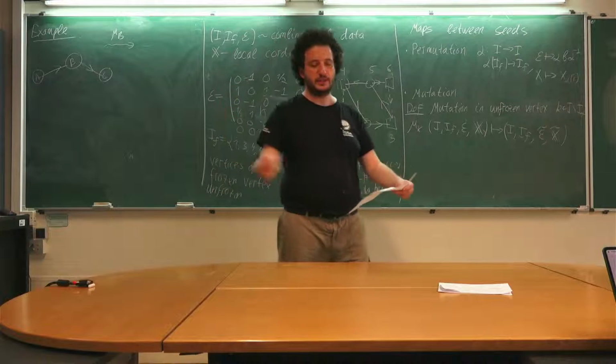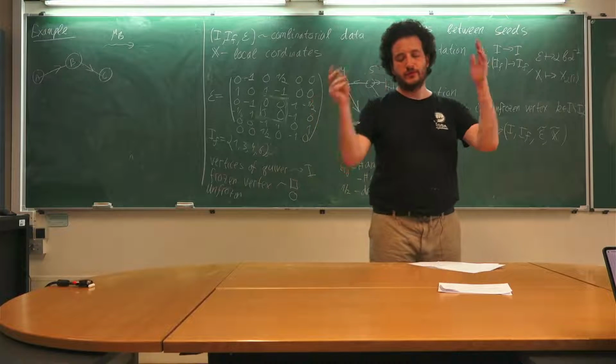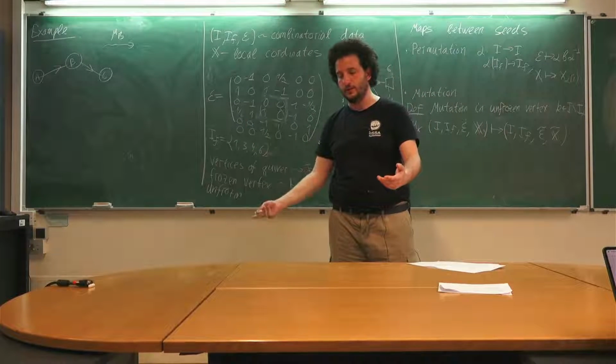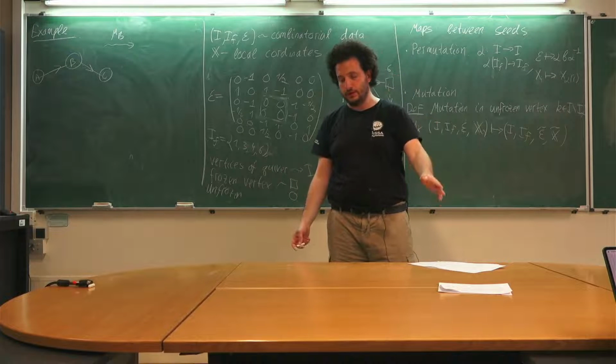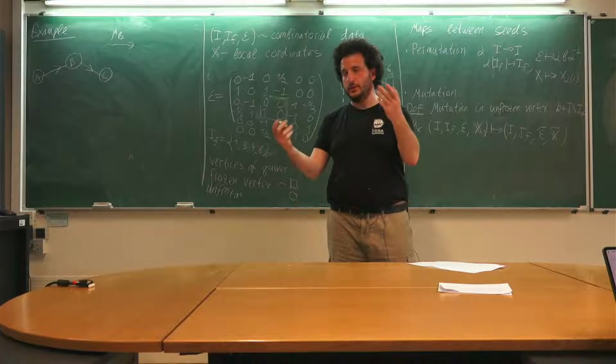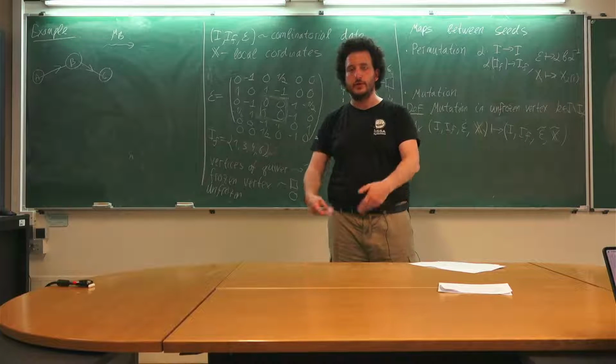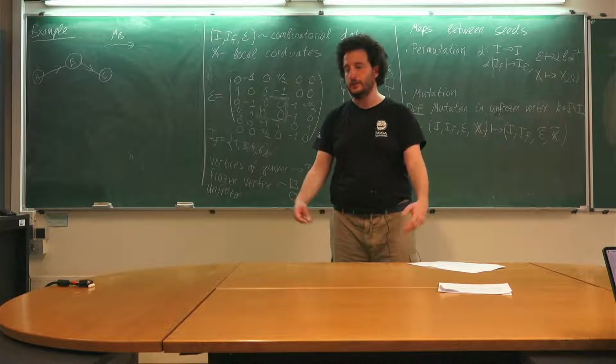I defined a seed as a quadruple, so we have a set of vertices, a set of frozen vertices, the adjacency matrix, and coordinates. So vertices preserved, frozen preserved, so just two data: the adjacency matrix, namely the quiver, and the values of the variables.